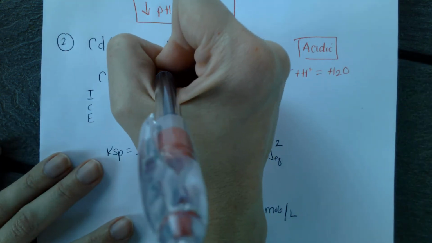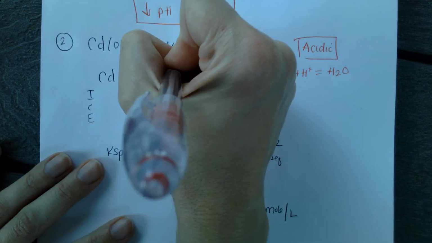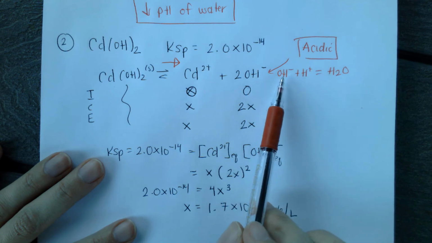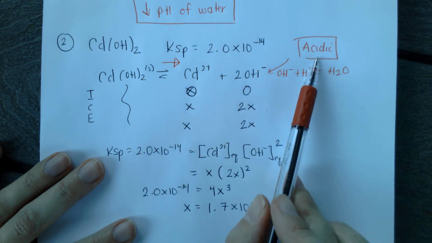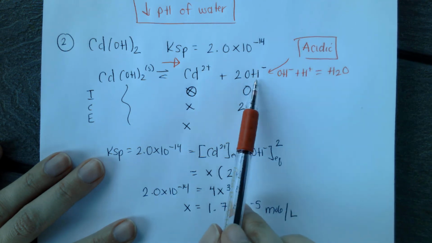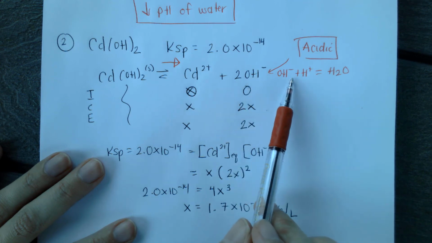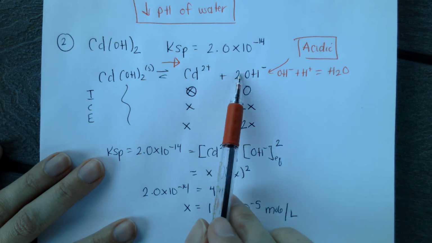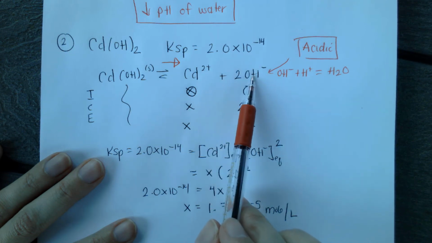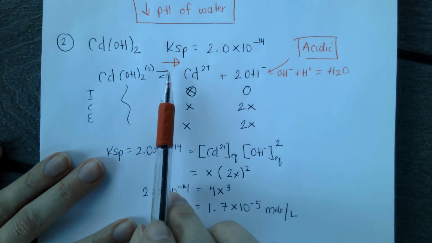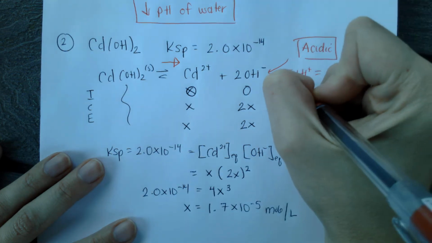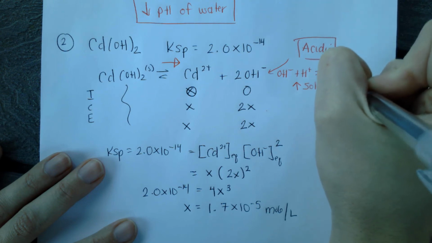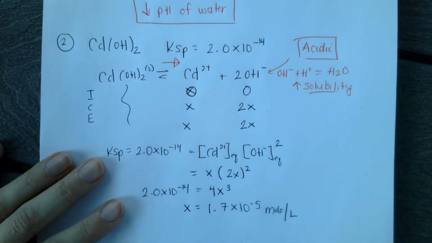So according to Le Chatelier, if we put our cadmium hydroxide into acidic water, some of the hydroxide would react with hydrogen to make water, and we would get a product shift, or right shift, to replace the hydroxide. So we would increase solubility.